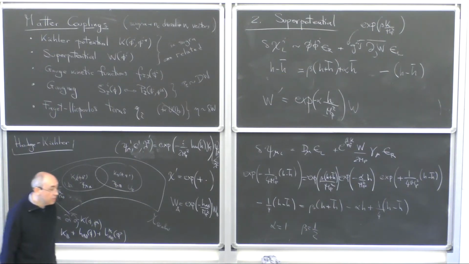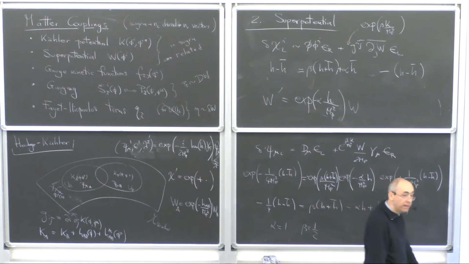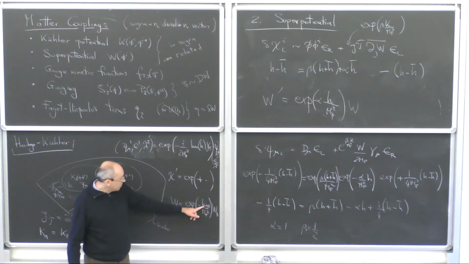So this tells you that Kähler potential and superpotential are not independent in supergravity. You see, I could actually choose a Kähler transformation here such that H is the logarithm of W and put the superpotential to a constant.